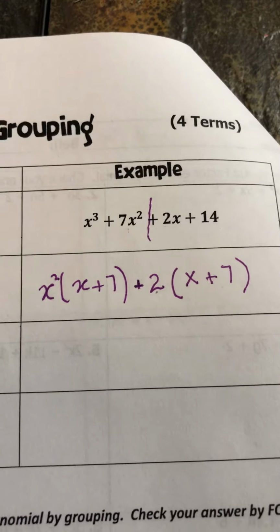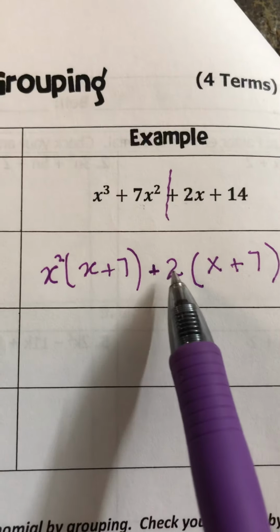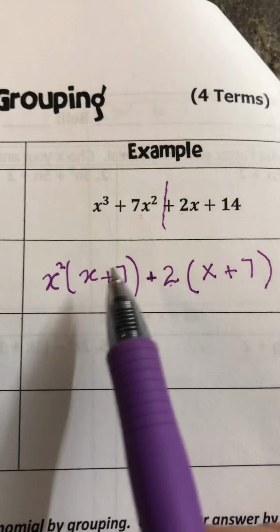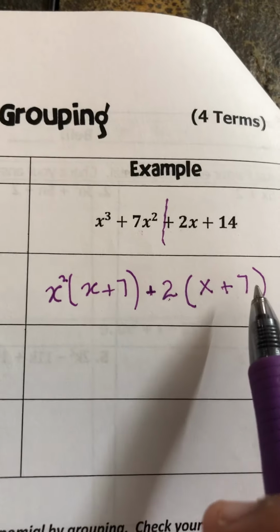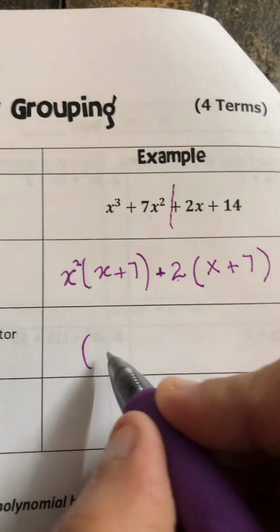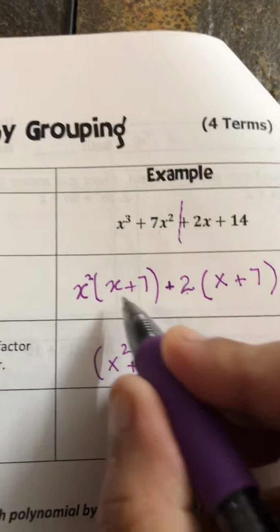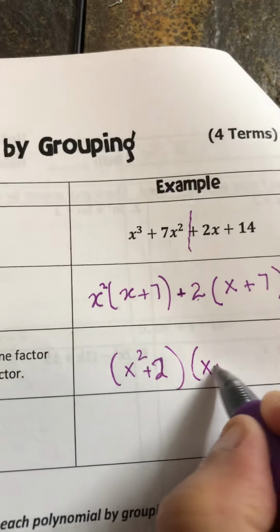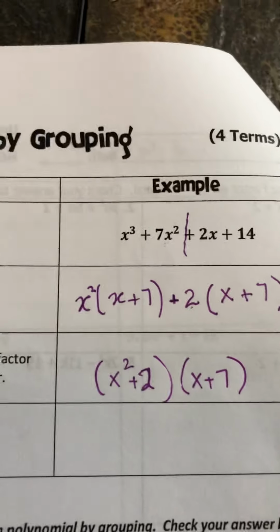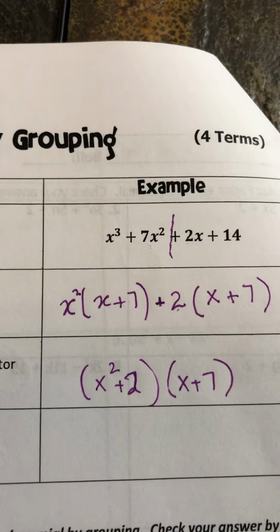When you get this, then the GCF becomes 1 factor and x plus 7 becomes the other factor. So I'm going to combine these 2 GCF, which is x squared plus 2 and this factor. So these are the 2 factors I get.